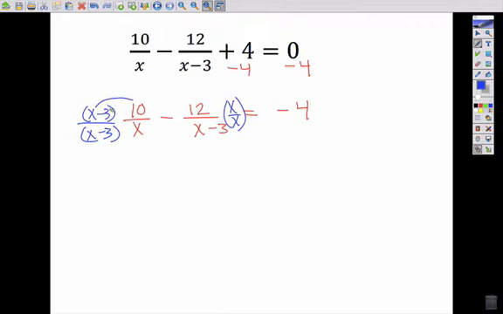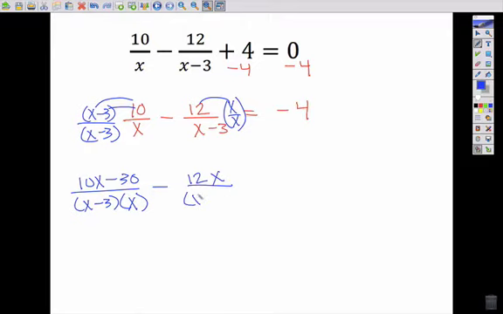So I'm going to multiply the numerator and get 10x minus 30. My denominator is x minus 3 times x, and then minus 12 times x, it's just 12x, and my denominator is x minus 3 times x. And I still have equals negative 4 for that other side of the equation.